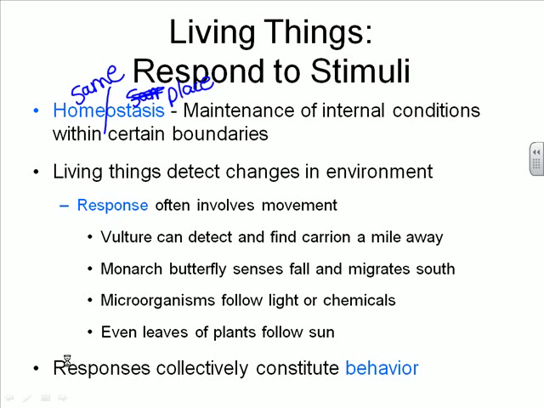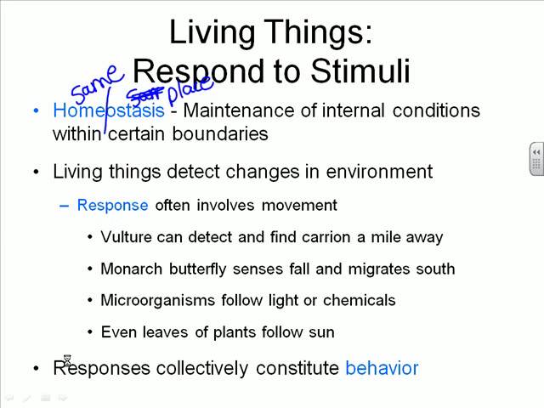But your textbook also refers to a lot of other examples of responding to changes in our environment. Probably the easiest for you to understand would be a plant following the sunlight. You can take a plant and place it near a sunny window, and if you never turn the plant, you will look at it over a course of a few months and notice the plant has actually bent or is leaning in the direction of the sunlight from the window.